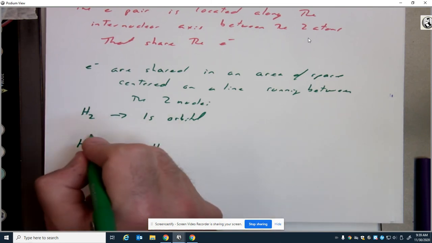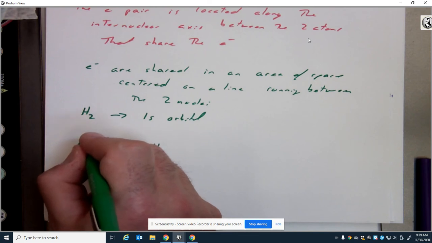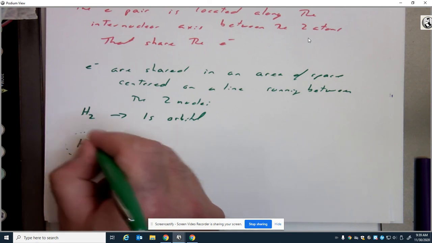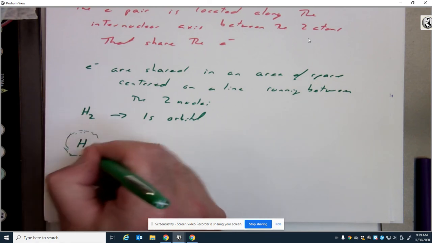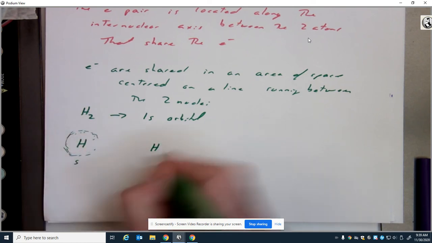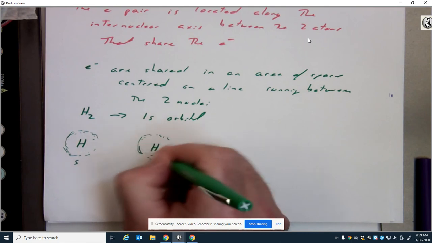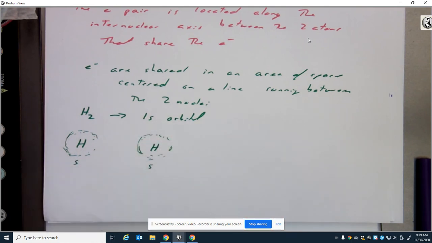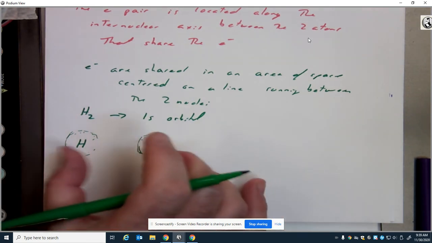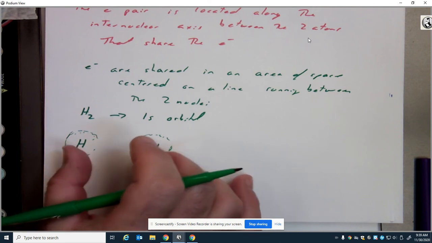So if you remember, an s orbital is just this sphere-shaped area of space. Okay, so this is my s orbital. I got this cloud, and this is my s orbital. So these are spherical. Now, when these come together, these orbitals overlap.